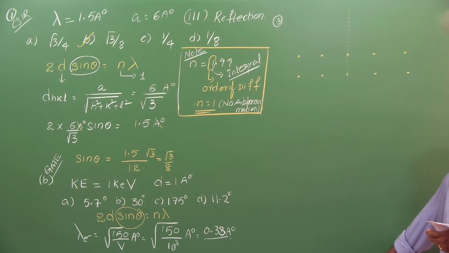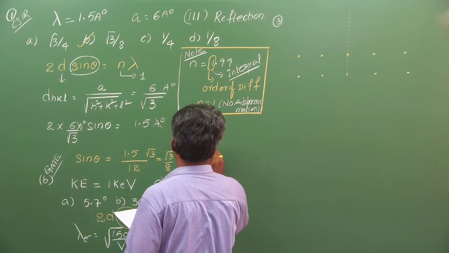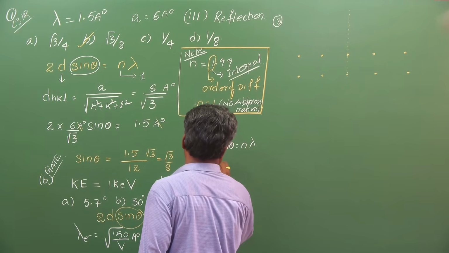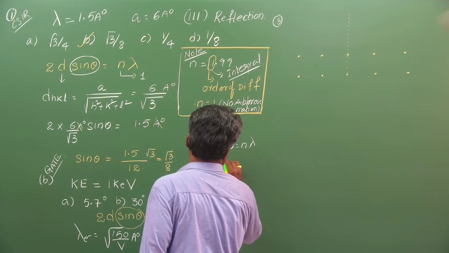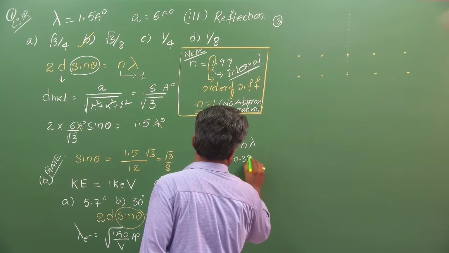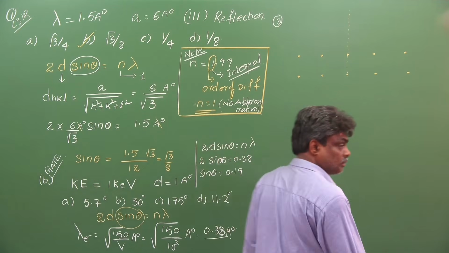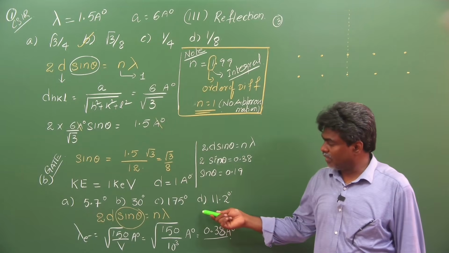So sin theta equal to how much? 0.38 by 2, that is 0.19. So sin theta equal to 0.19, which is nearly 10.96 degrees.